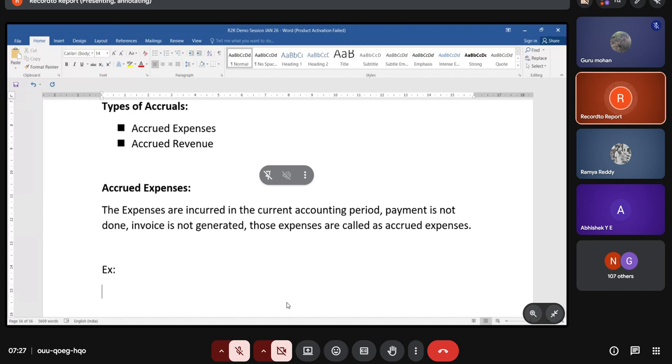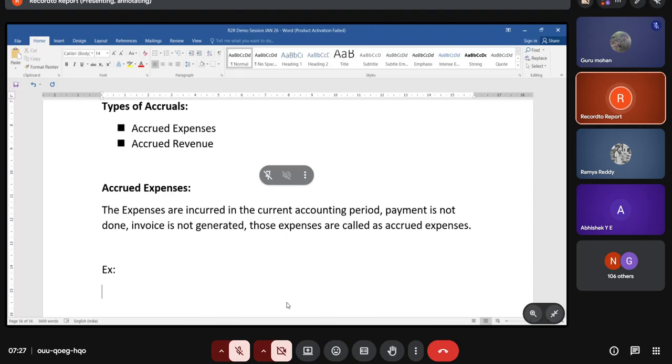But for transactions that take place in the current period where companies are not making the payment and will make it in the next month, the bill is not generated. So the main thing is not about the payment, guys. If the bill is generated but the payment is not made, that is not an accrual.